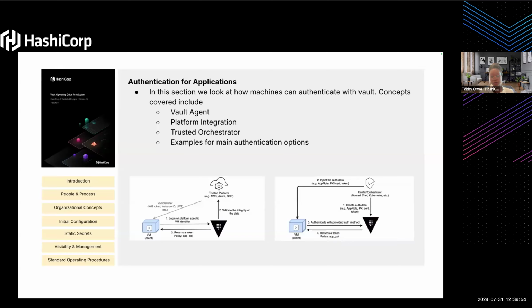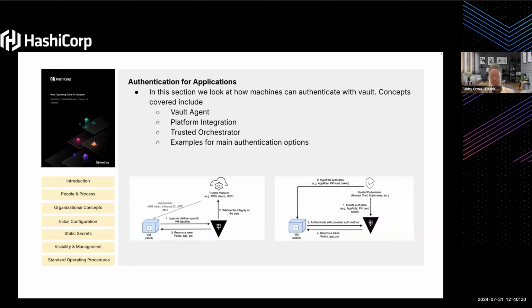Vault will then use that provided identifier to verify the identity of the client by interacting with, again, that underlying platform. Once that client's identity is verified, Vault will return a token to the client, and this token is key. It's bound to the client's identity and policies and will subsequently allow the client access to secrets within Vault.